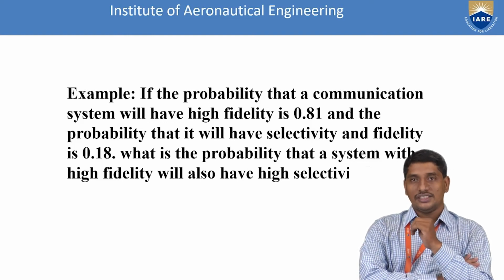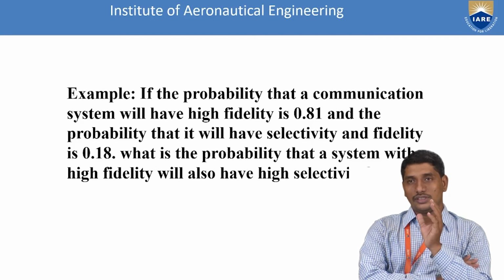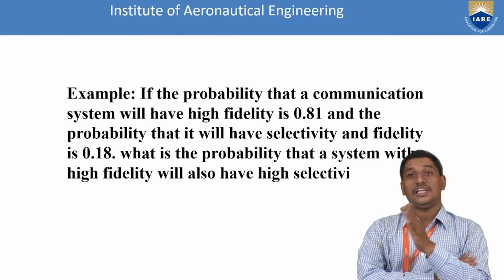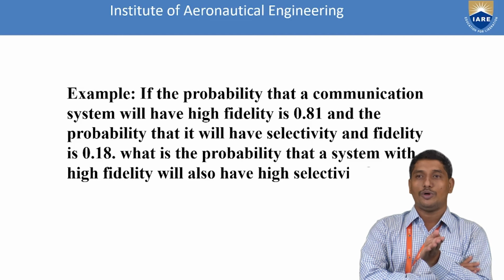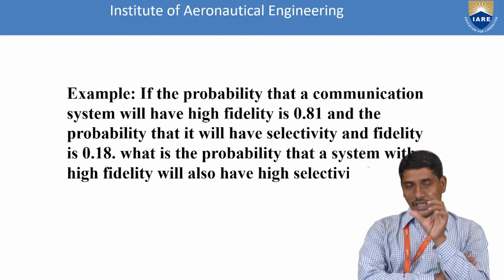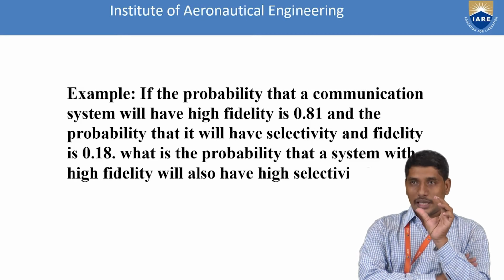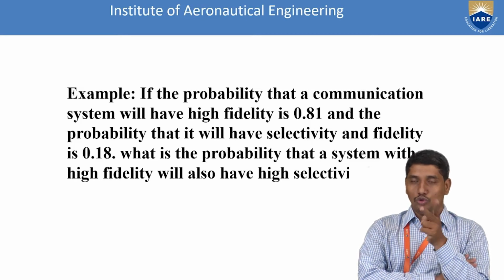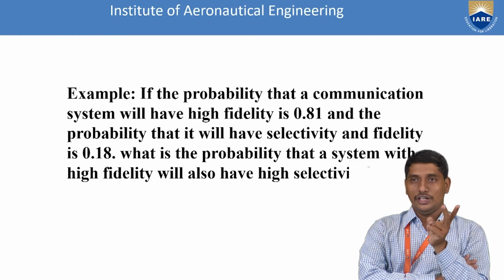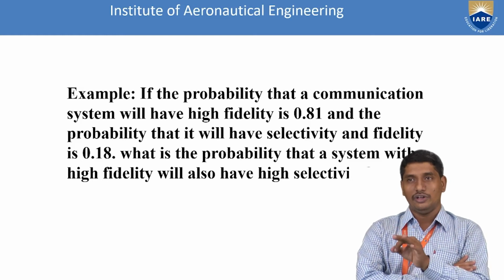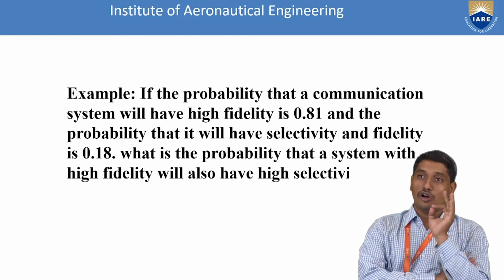Now, the second line states that the probability that a selected model of Samsung brand will have both high selectivity and high fidelity is 0.18. That means if you select a smartphone of Samsung brand, it will have the two qualities of selectivity and fidelity with probability 0.18. What do we mean by selectivity and what do we mean by fidelity? Fidelity means long life.